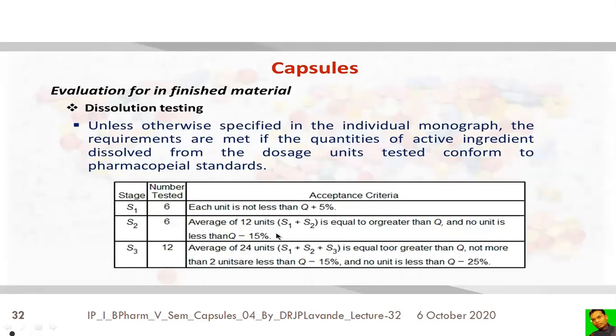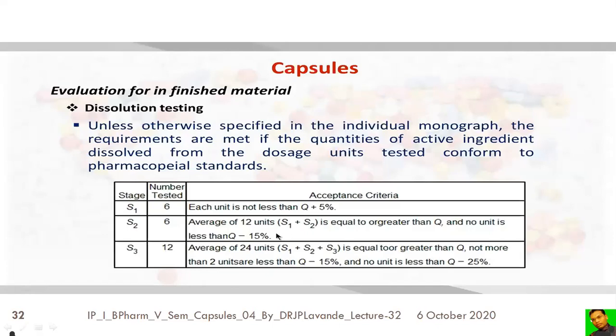So S3 is nothing but the average of 12 plus 12, that is 24 units. So it is S1 plus S2 plus S3, and it is equal to or greater than Q, the labeled amount, and not more than 2 units are less than Q minus 15%.